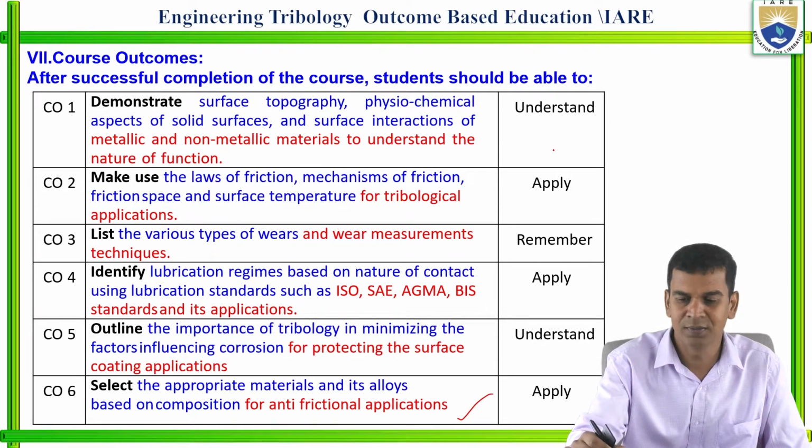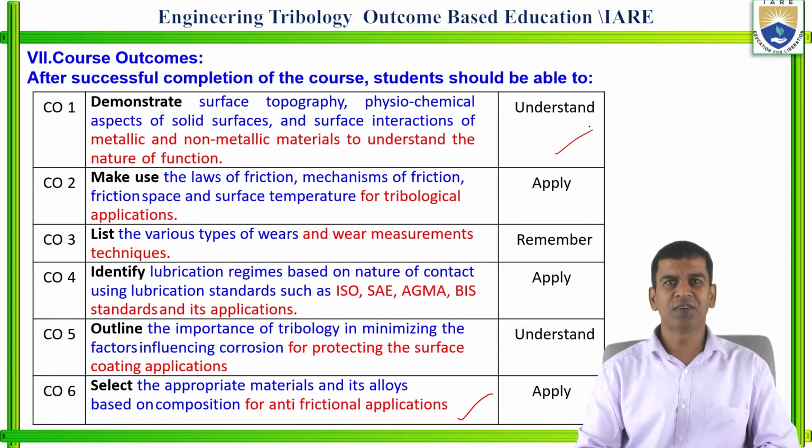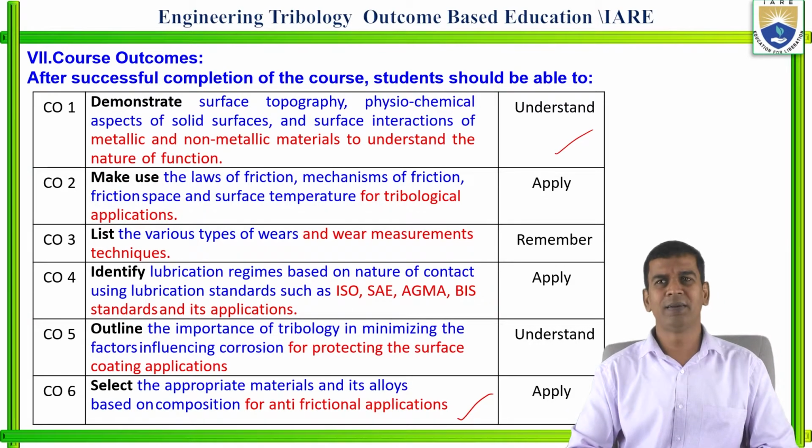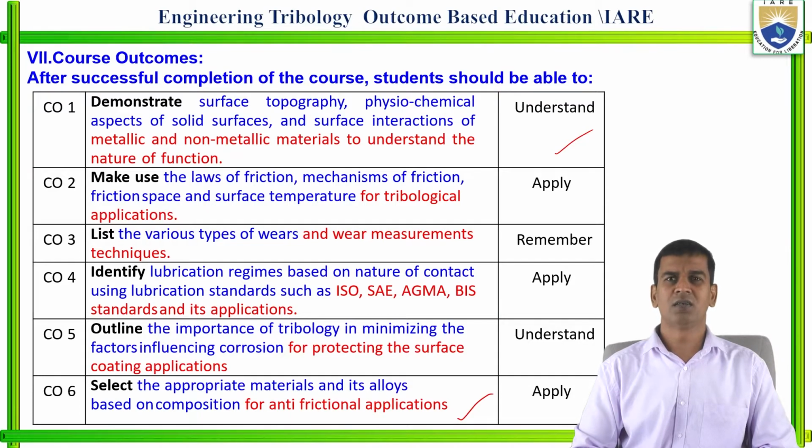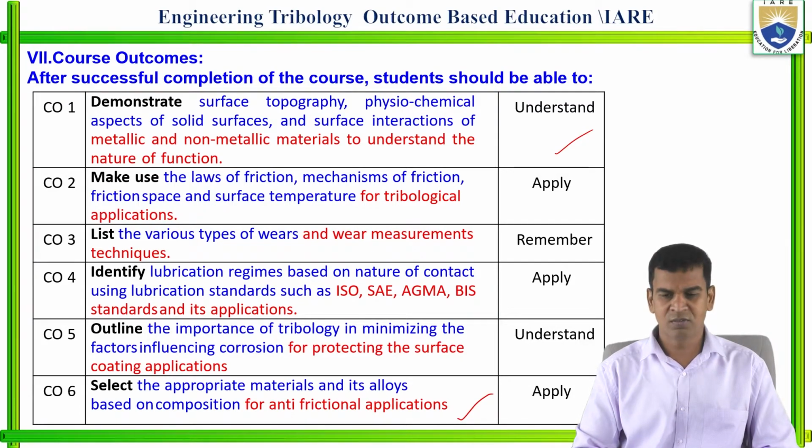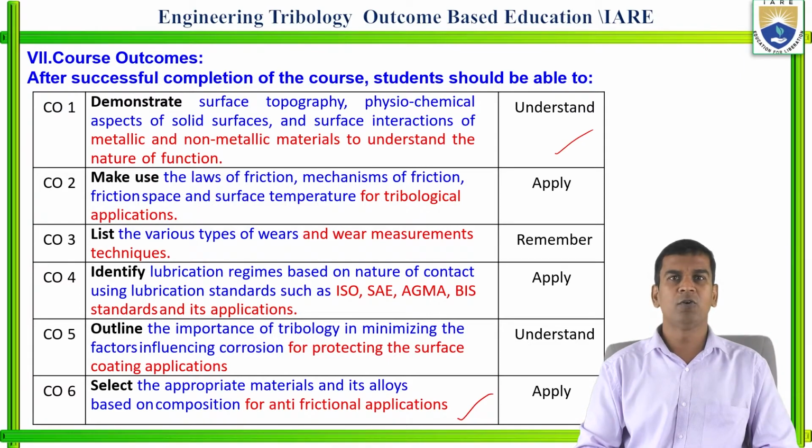Now we will try to discuss Bloom's taxonomy. The first CO comes under demonstrate, so it comes under the Bloom's cognitive level of understanding, and the second CO uses the words make use, so it comes under the cognitive level of apply, and the third one, list, comes under the cognitive level of remember.